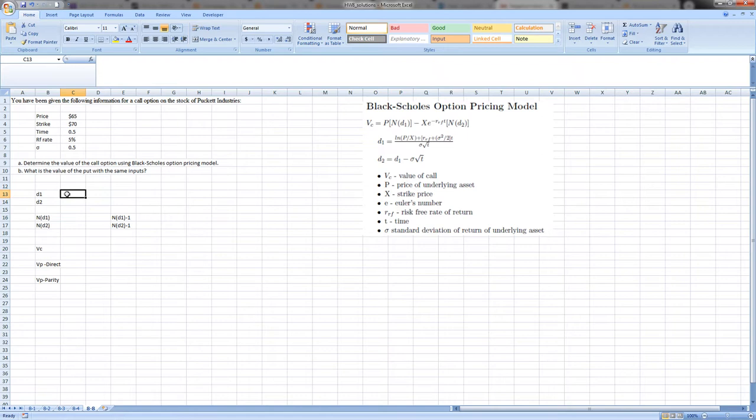We first need to solve for d1, and d1 is equal to the natural log of the price divided by the strike, minus the risk-free rate plus the variance divided by 2, times time, divided by the standard deviation times the square root of time.